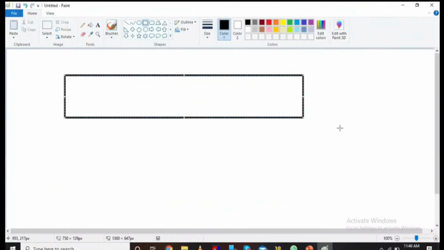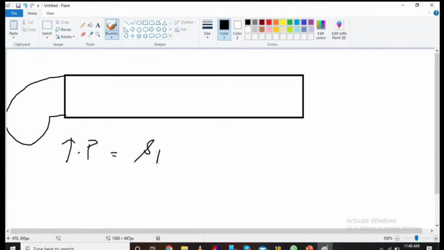So you have a duct here. Basically, your centrifugal fan is the source of pressure. So total pressure is equal to static pressure plus velocity pressure. Air is coming like this because your fan will be blowing the air like this. This is the end of the duct.